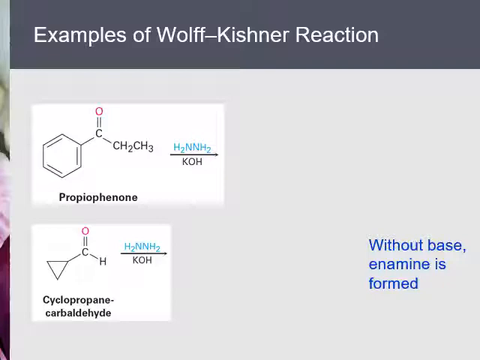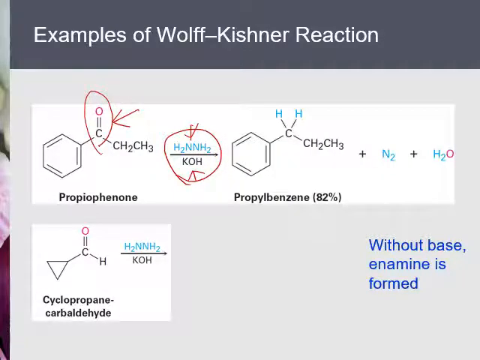Here are two examples. In the first case, we have a ketone with a C=O double bond, which is treated with hydrazine and a strong base. As we know, the combination of hydrazine and the base will convert the C=O double bond into two C-H bonds, and that's an alkane.